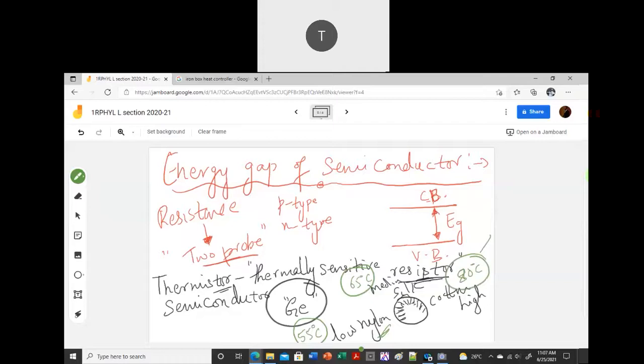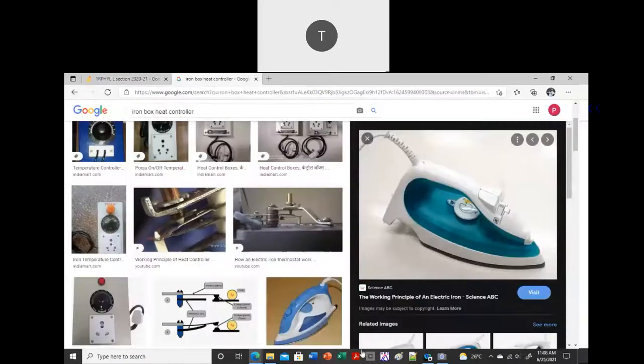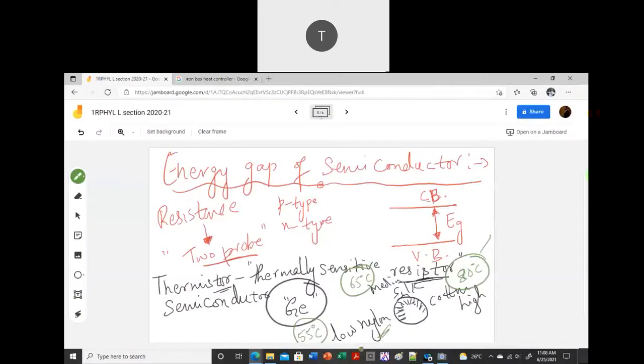So now normally they use this kind of resistors inside this controller. Okay, so that resistor will be somewhere close to the heating plate. So once it reaches the temperature, like once it reaches 55 degrees, it will stop heating. Okay, if I keep the knob in this position, then your heating should not be more than 55 degrees.